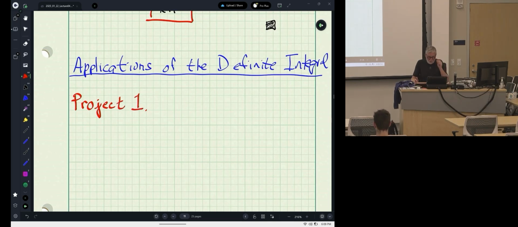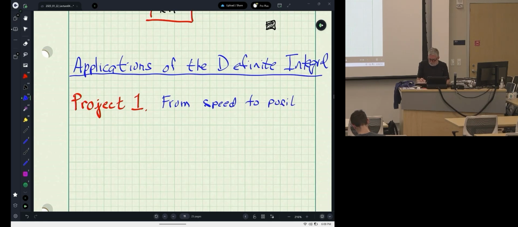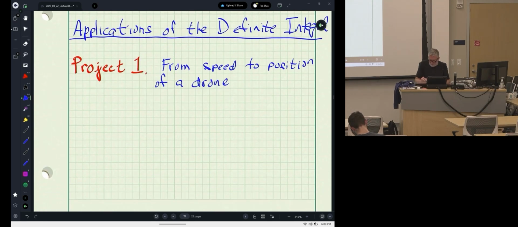So in project 1, you're going to be going from speed to position of a drone, and from acceleration to position.